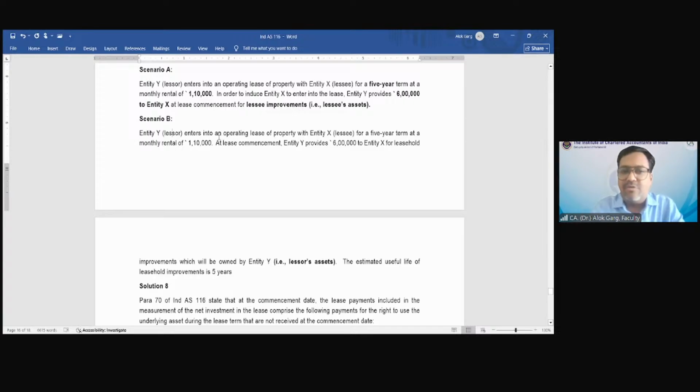The lessor entered into an operating lease, the period is 5 years, rental is 1,10,000, right? And this lessor is providing 6 lakh rupees to the lessee. In scenario A, this amount of 6 lakh rupees is to improve the lessee's asset. In scenario B, this amount of 6 lakh rupees which the lessor has provided to the lessee is for the leasehold improvement which is owned by entity Y.